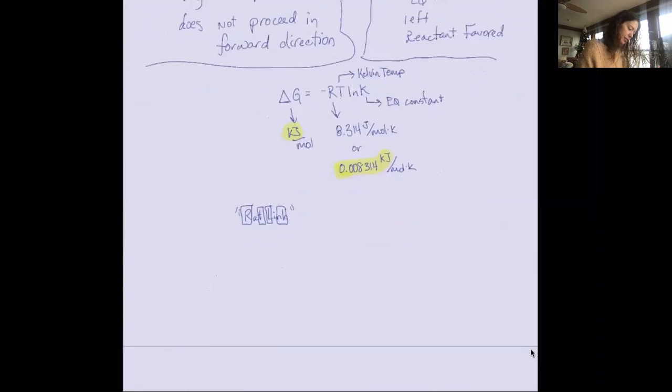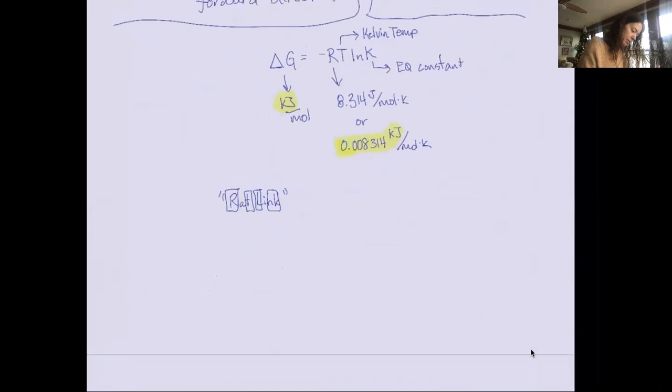Another thing before we finish up here and say goodbye is that at equilibrium, delta G is equal to 0. You've got to be aware that at equilibrium, our Gibbs free energy is 0.